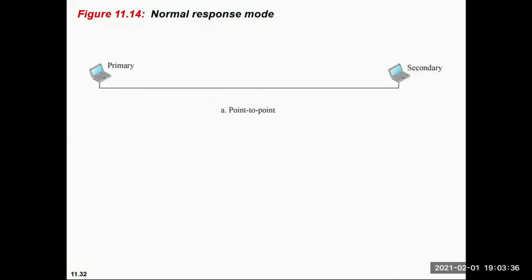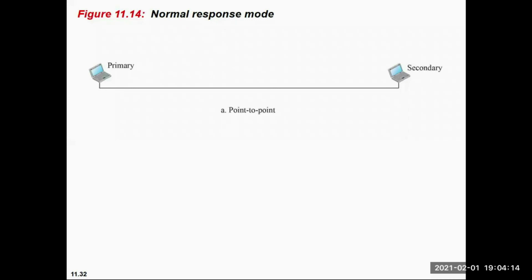A combined station can act both as a primary and secondary station. Communication can also be between two logically equal status computers, in which case they are designated as combined stations and can receive both command and response frames.